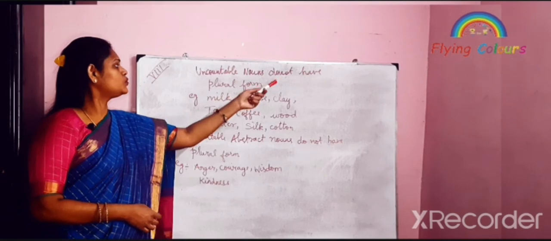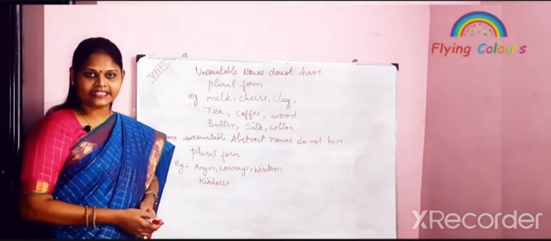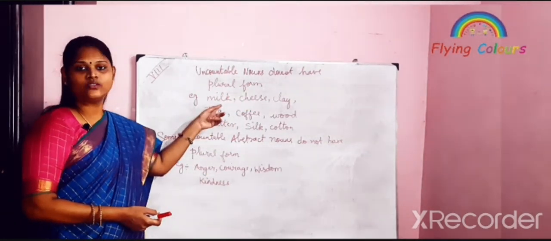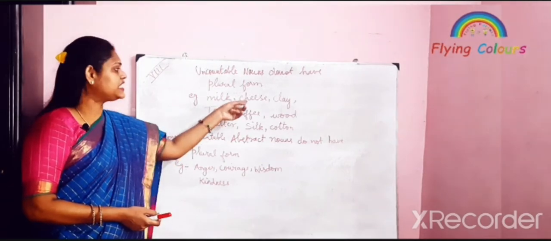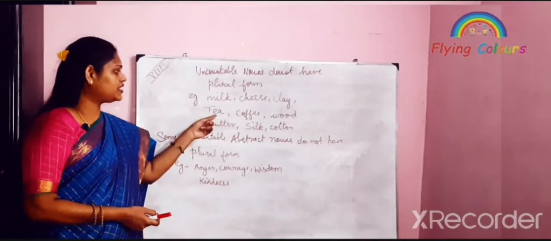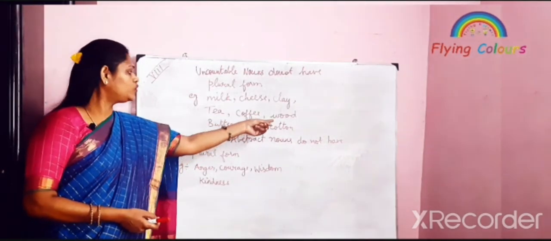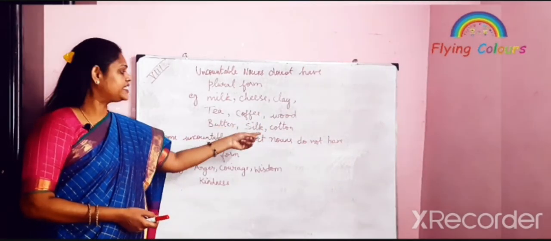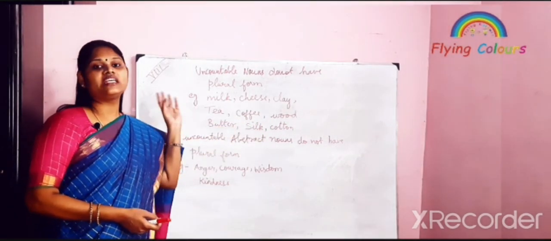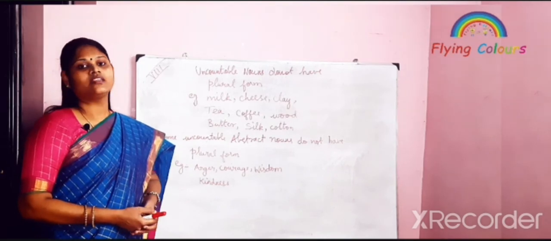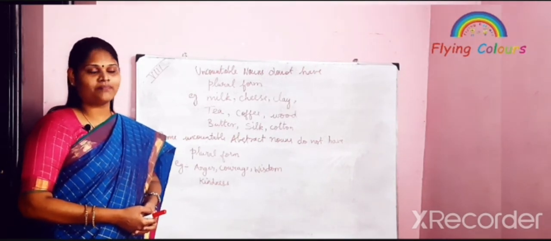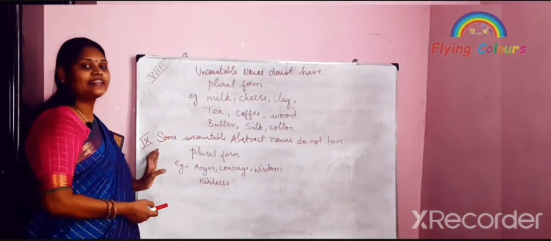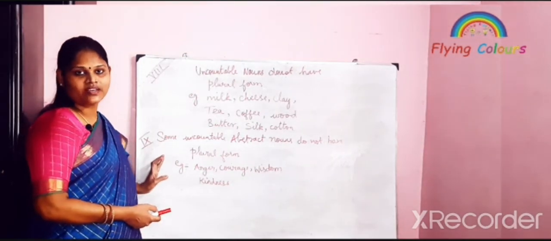Uncountable nouns do not have a plural form. For example, milk does not have a plural form. Cheese, clay, tea, coffee, wood, butter, silk, cotton. So these are all uncountable nouns. They do not have a plural form. Coming to the 9th concept of singular plural nouns.